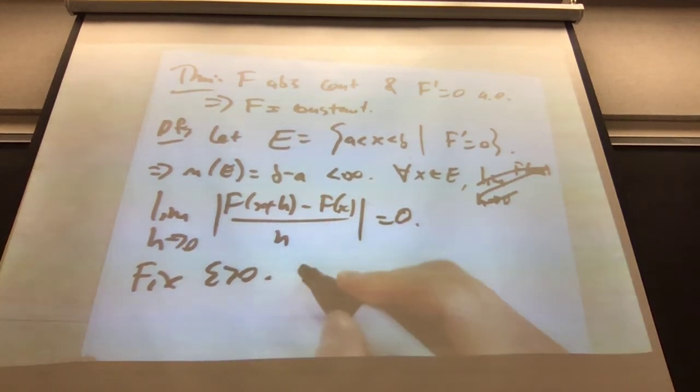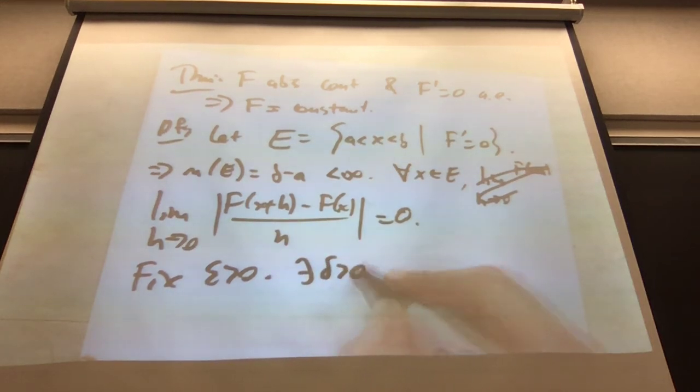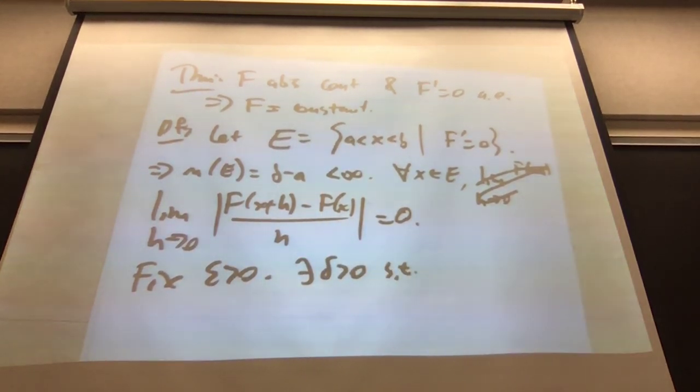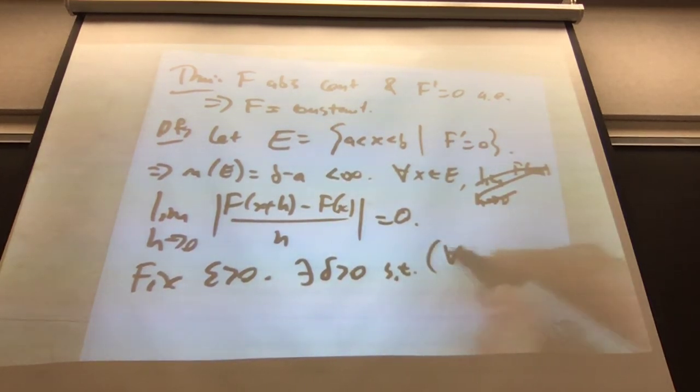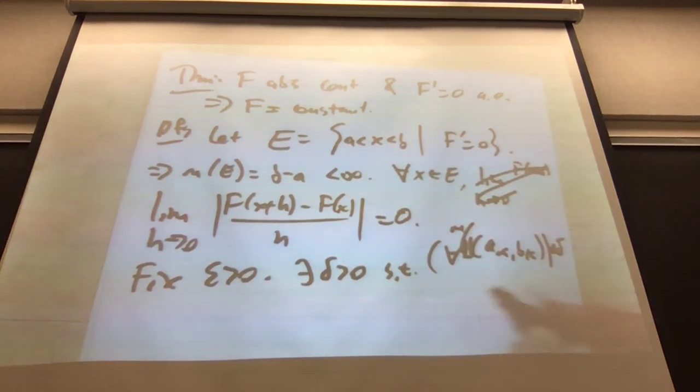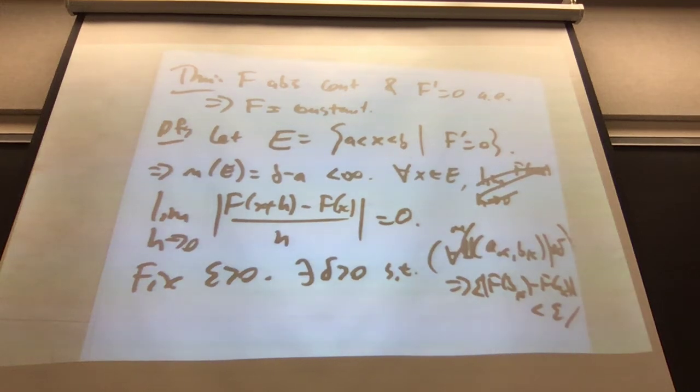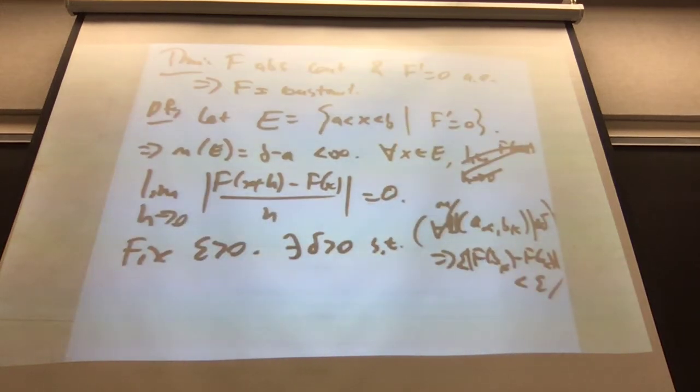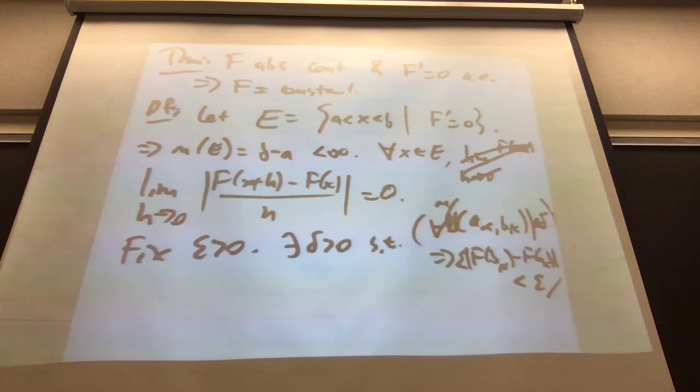There exists a delta such that for all a_k, b_k, so that the disjoint union has measure less than delta implies the sum of the absolute values of f of b_k minus f of a_k is less than epsilon. God, that's horrible, but hopefully you understand what I mean.